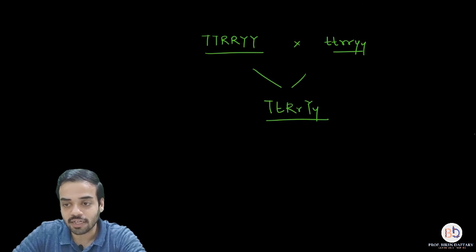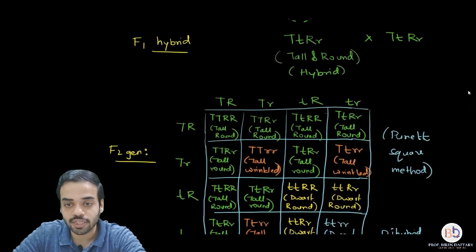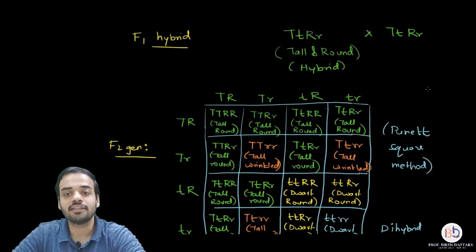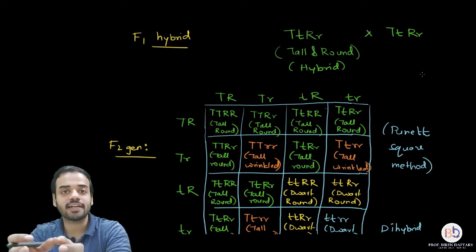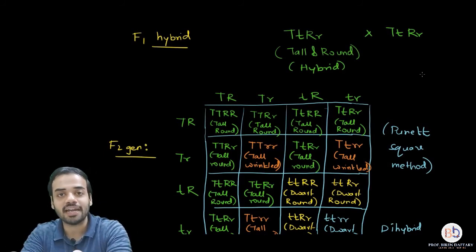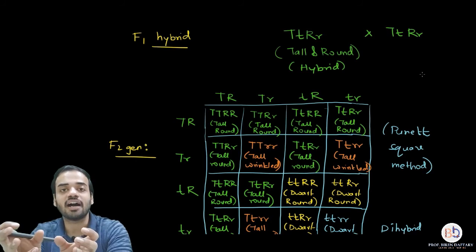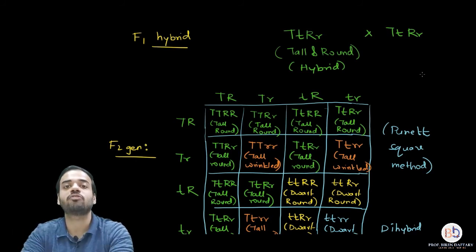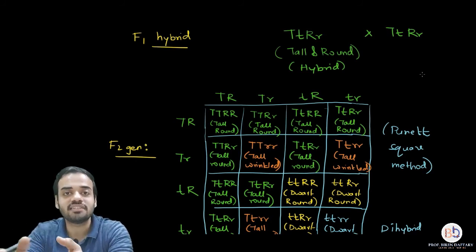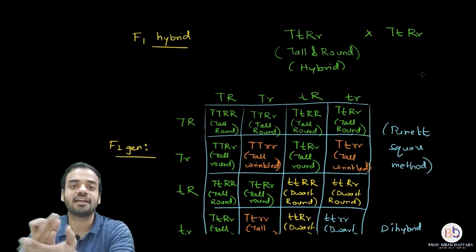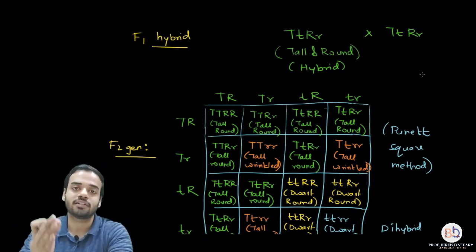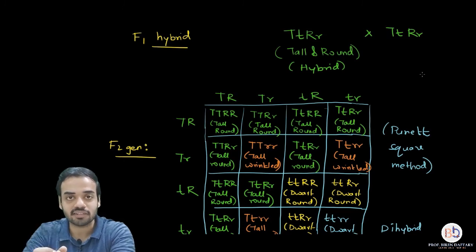So if we come to this example which we were doing, then over here in the F1 hybrid, both the characters, height of the plant and shape of the seed, they are independently separating from each other. They are separating their genes or alleles independently, and that is why it is called as law of independent assortment. I will again repeat the statement.